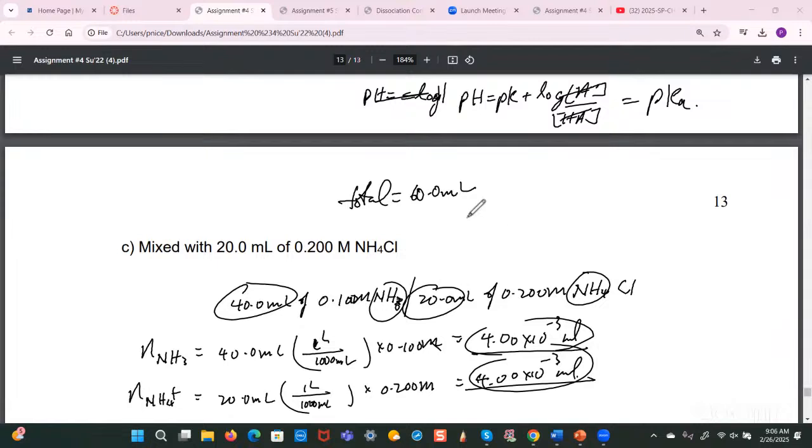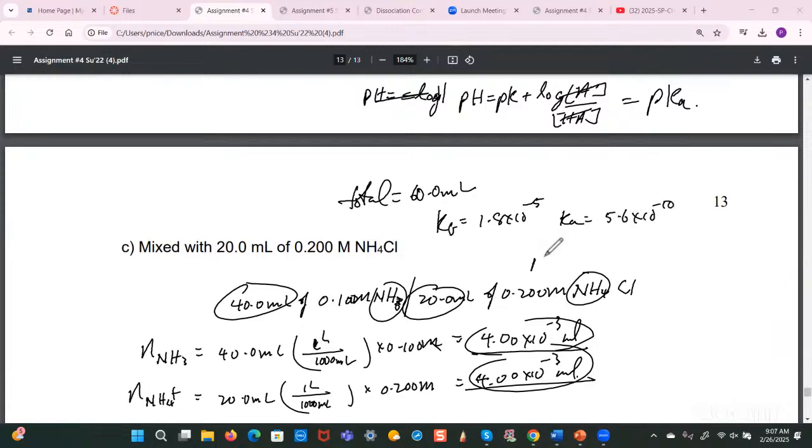So, of course, we know that the Kb is equal to 1.8 times 10 to the minus 5. And we found out that the Ka from the example that we worked on in the PowerPoint is equal to 5.6 times 10 to the minus 10, right?